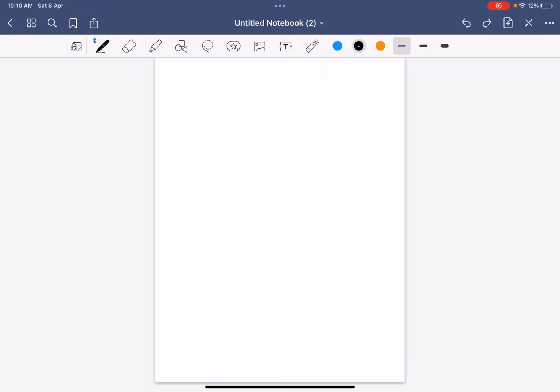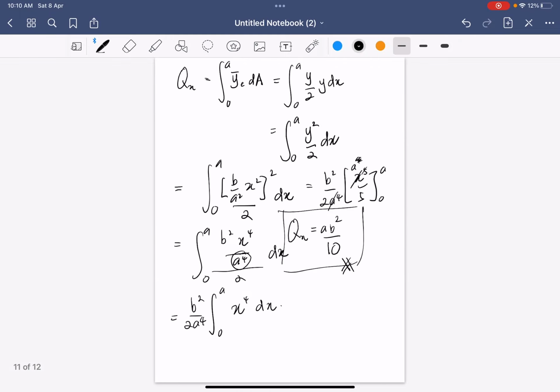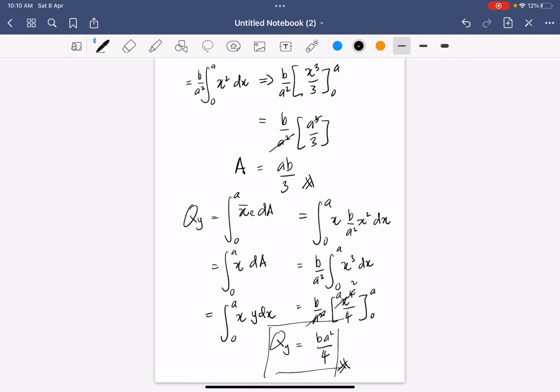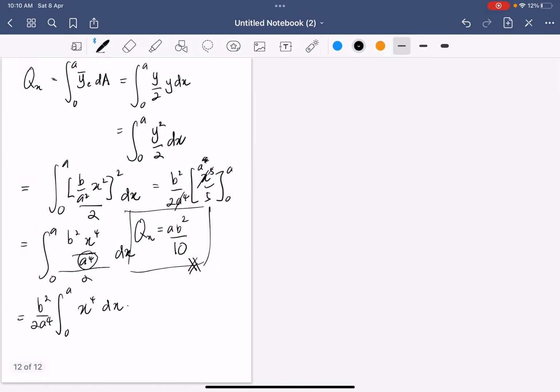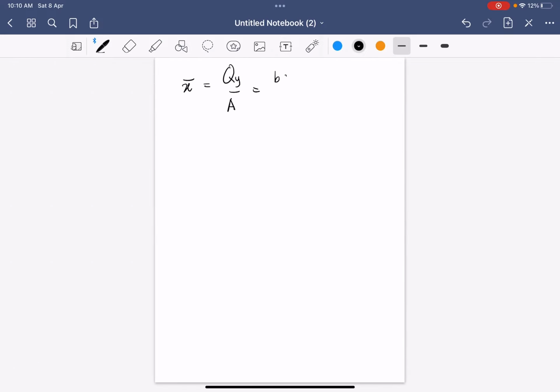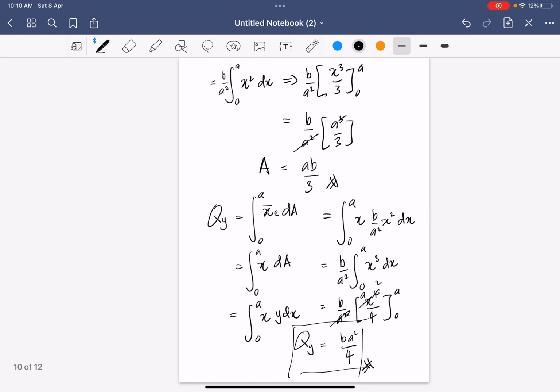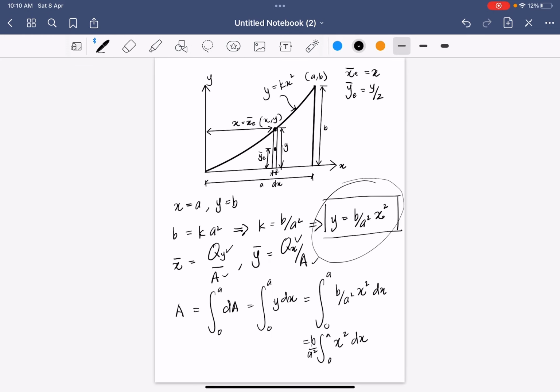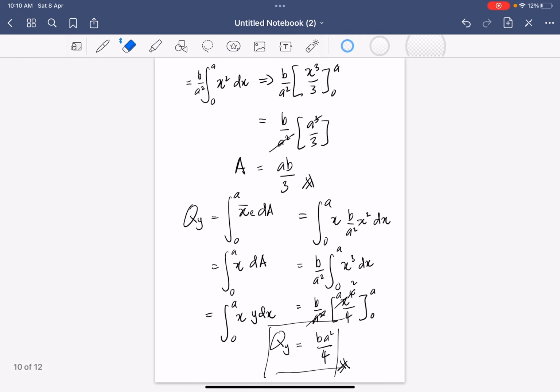Okay, so x bar is equal to Qy over the area. Qy has been defined as equal to b a squared over 4. Where is the area? Okay, the area is ab over 3.